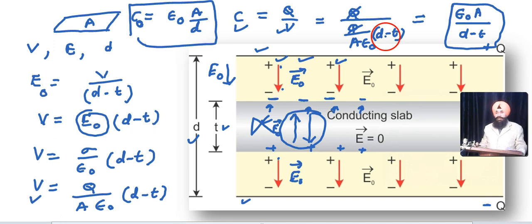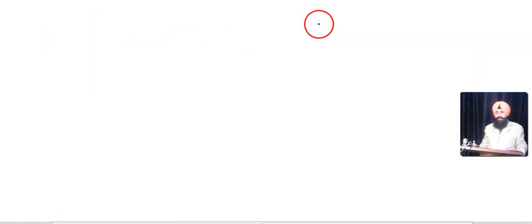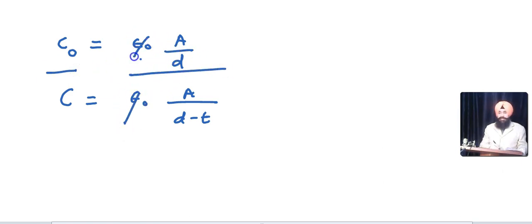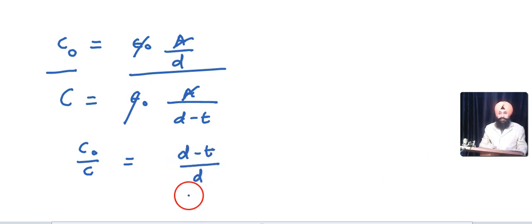Now just comparing the two, C naught is epsilon naught A by d and C is epsilon naught A upon (d minus t). So dividing the two, this cancels, or you can say C naught upon C is (d minus t) upon d.